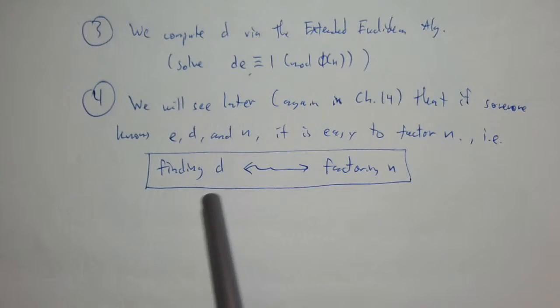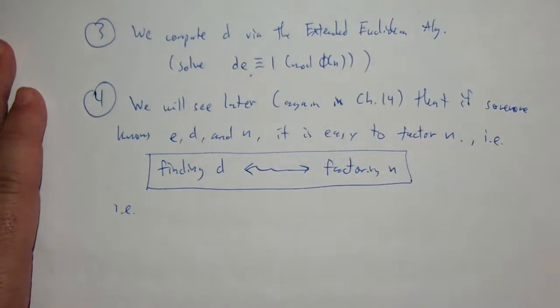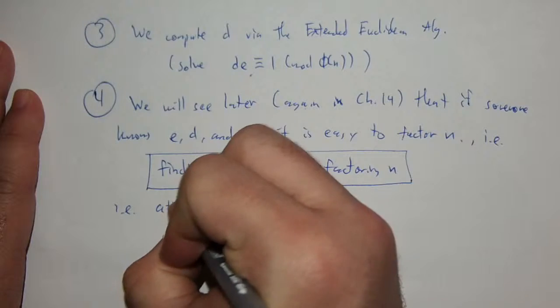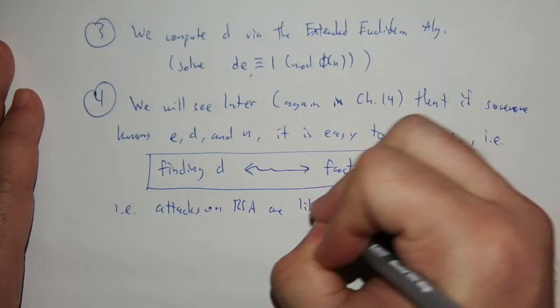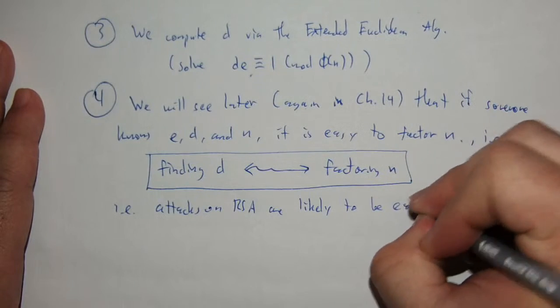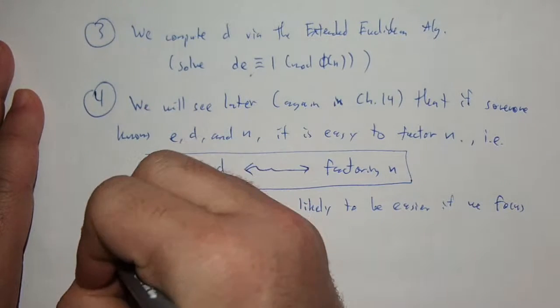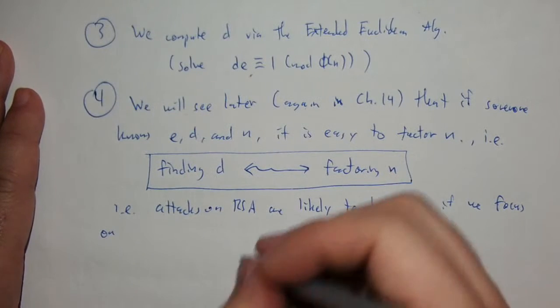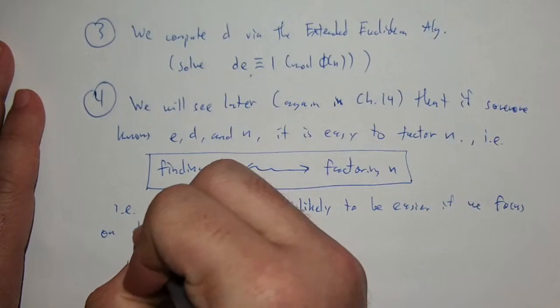But if all I need is D to decrypt, then I should just abandon the hope of factoring n, if factoring n is indeed difficult. That is, attacks on RSA are likely to be easier if we focus on decrypting plain text without finding D.